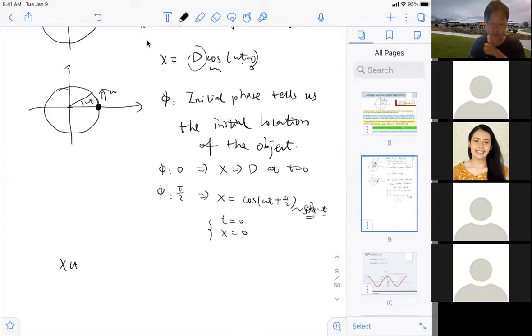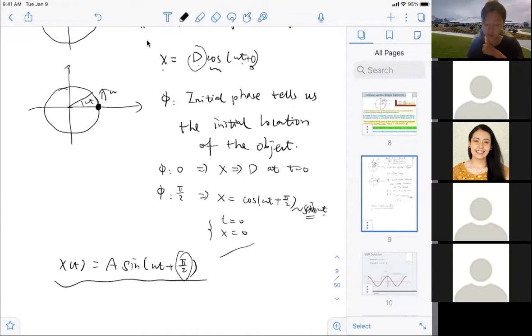If I give you, say, A times sine of omega t plus pi over 2, if I give you something like this, you can see, oh, there's a pi over 2 phase. It doesn't really mean that, because I now have a sine, right? So this means at t equals 0, x is A sine pi over 2, because this becomes 0 and that is 1.